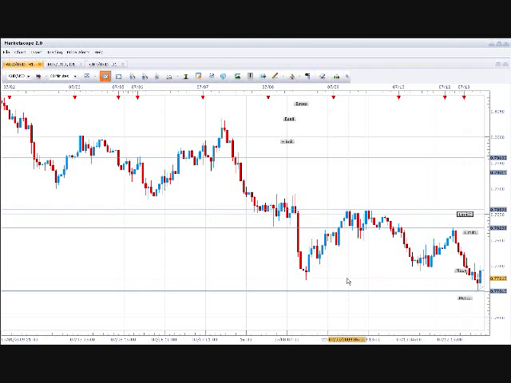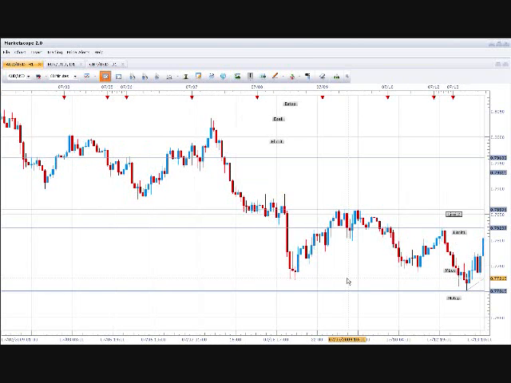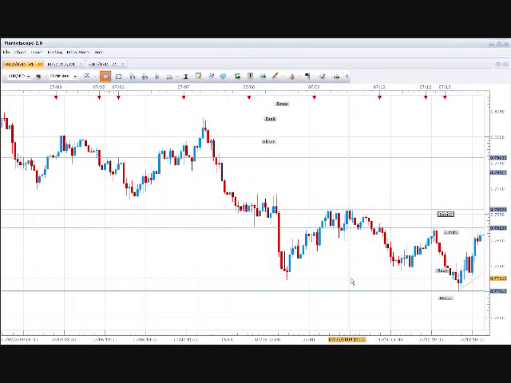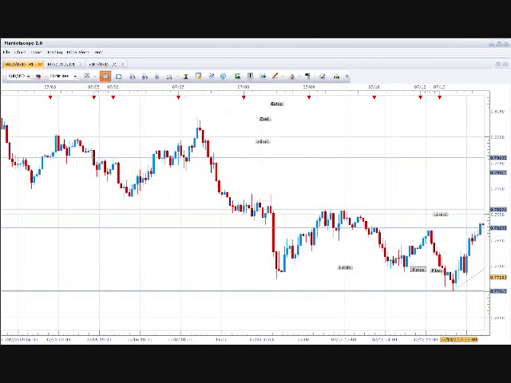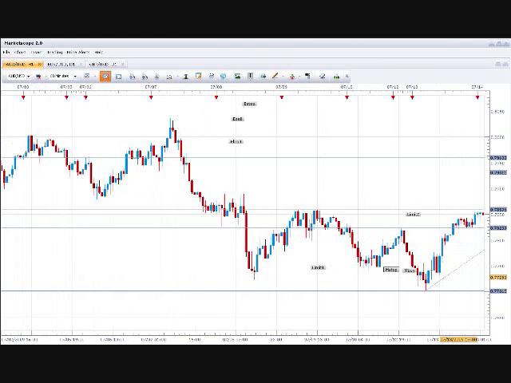So let me show you that this technique basically works very well. Limit 1 is hit. Put my stop to break even. And then limit 2 will get hit eventually. So to answer your question, you put your limits where you see the previous resistances, and that is as simple as it gets. And all we have done is do the lines.